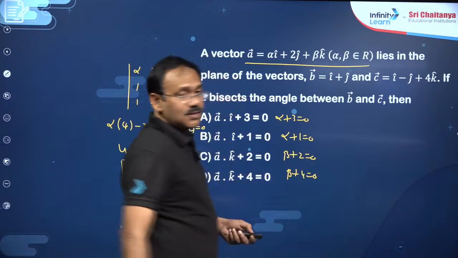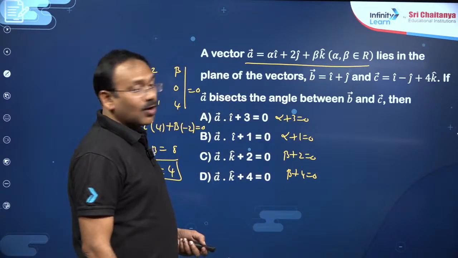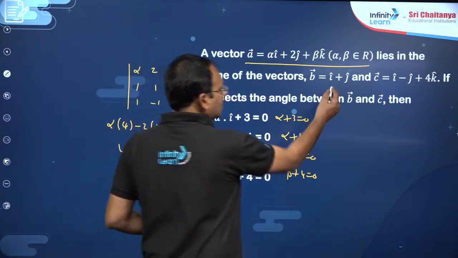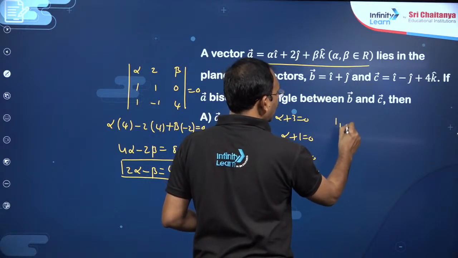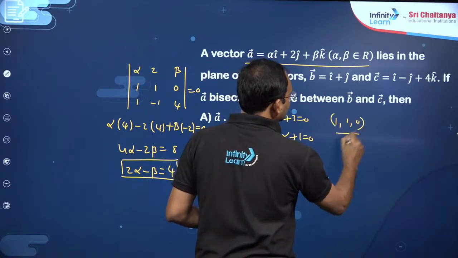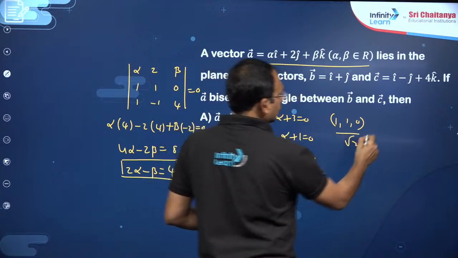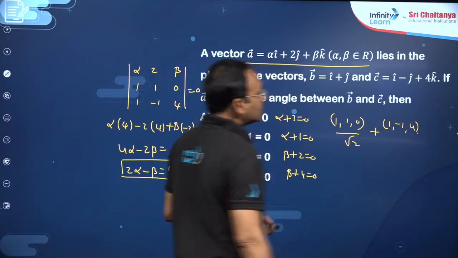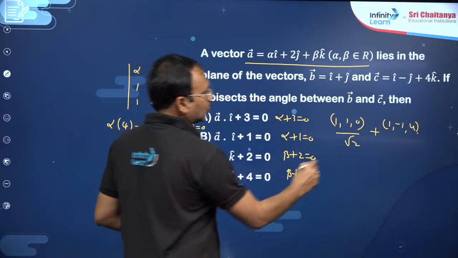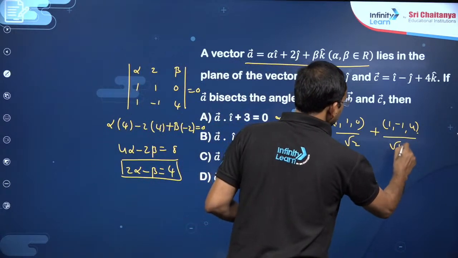So you find a vector along the angular bisector. What is the vector along the angular bisector? That is A bar by its magnitude, (1, 1, 0) by root 2, plus (1, -1, 4) by its magnitude, which is root 18.